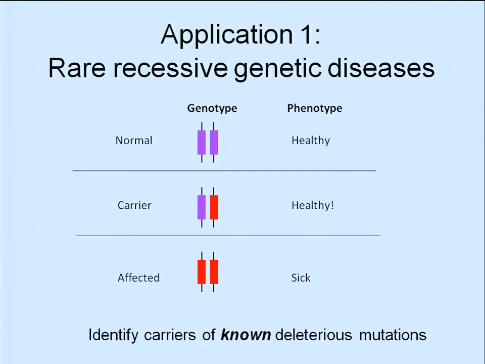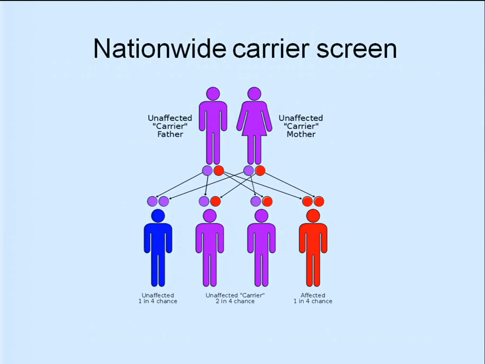In this application, we are trying to identify carriers of known mutations. So we know what the mutation is, and we're trying to find the carriers. This is our law of inheritance. If both parents carry a mutation, there is a 1 in 4 chance that the offspring will be affected.